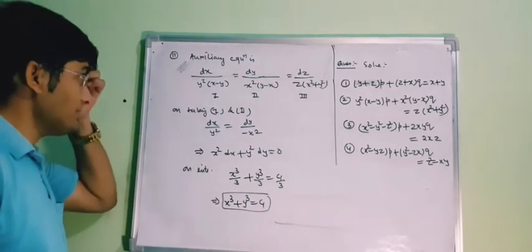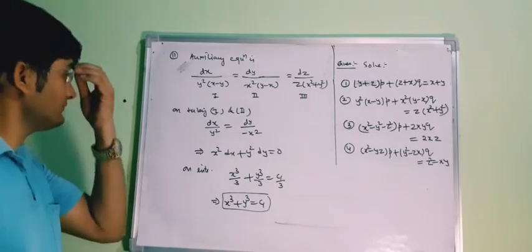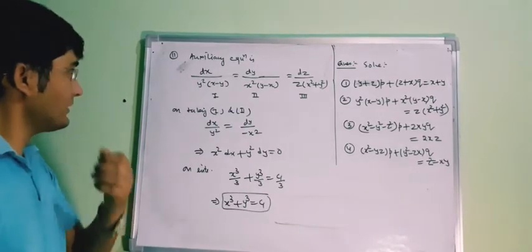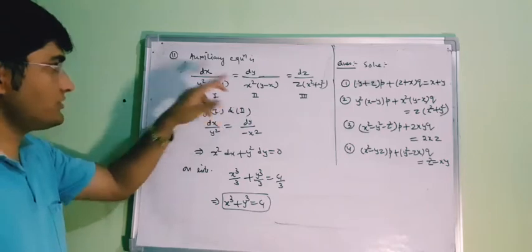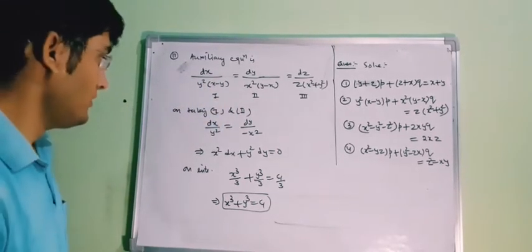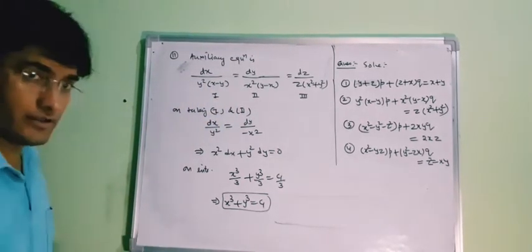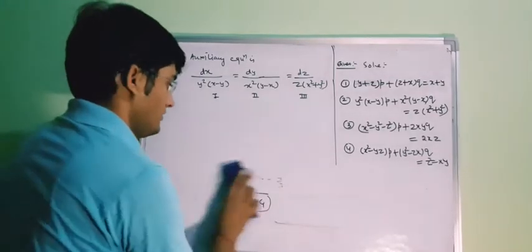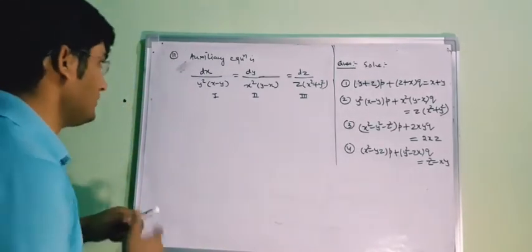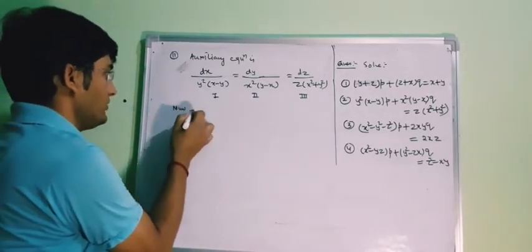Now to find the second solution, let us subtract first and second. Now let us find the other solution.